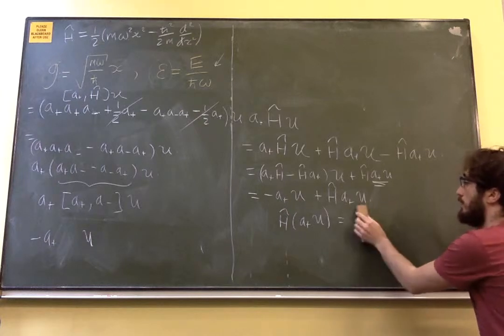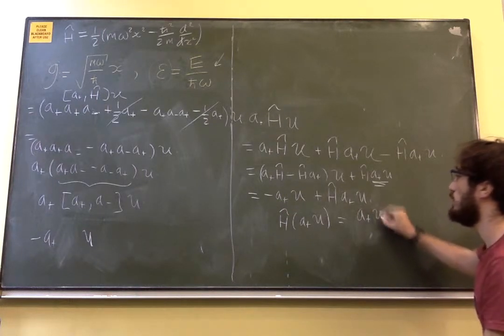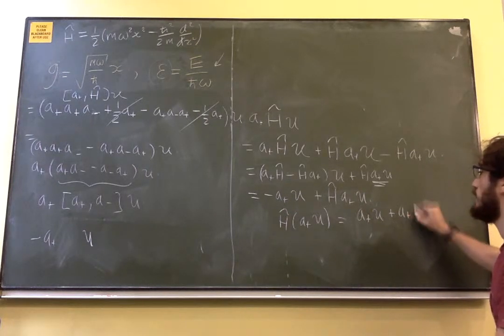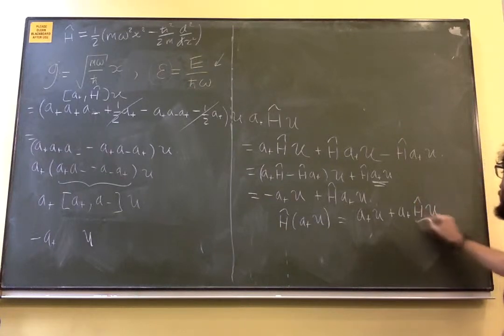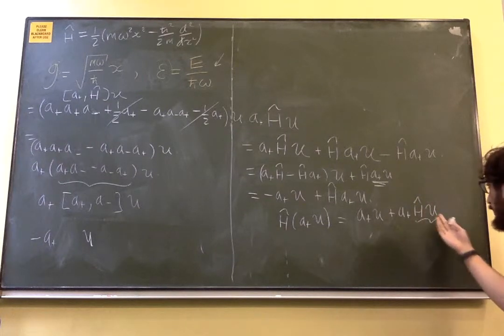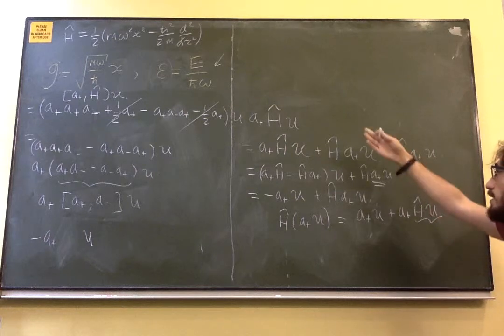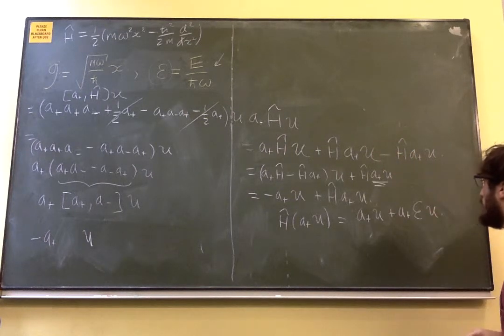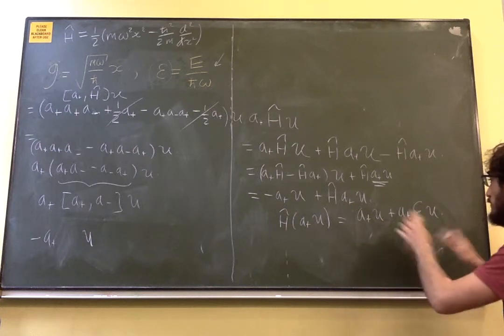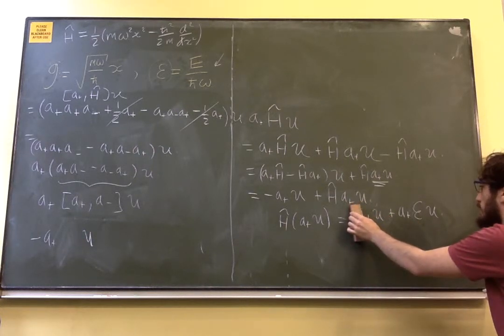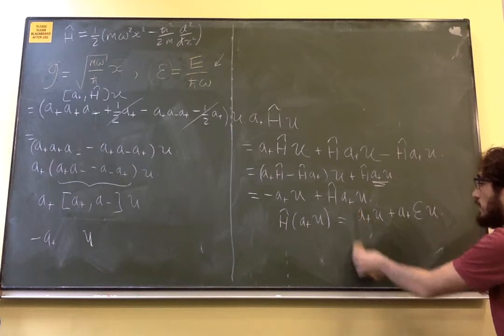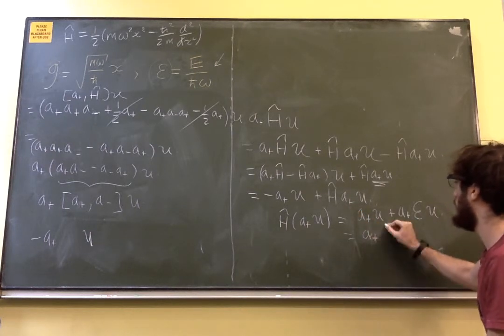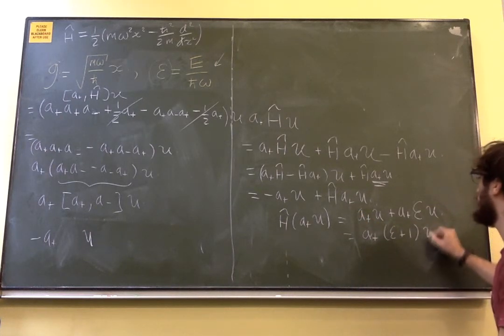So this is a plus u plus a plus h bar u, but this right here is the reason why we did this. We started out with something that we know is an eigenstate. This is epsilon. So factoring all this out, you get a plus epsilon plus 1 u.